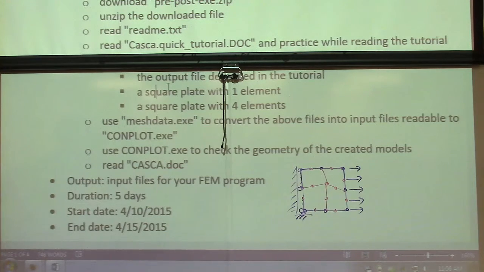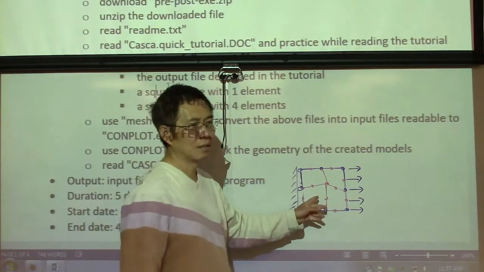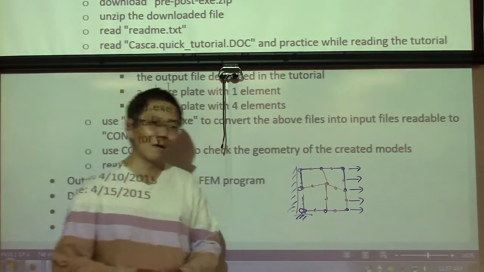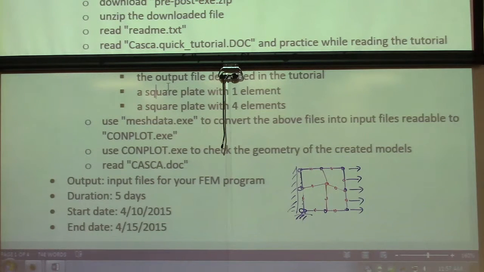Now, if your program can calculate correctly the 1-element model and the 4-element model, now I would say your program has a very good chance of being correct. Okay, but you still have a bunch of other benchmark problems to run through.